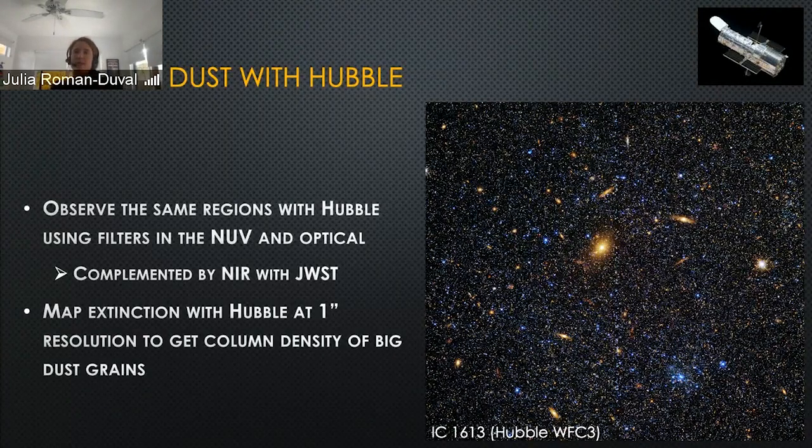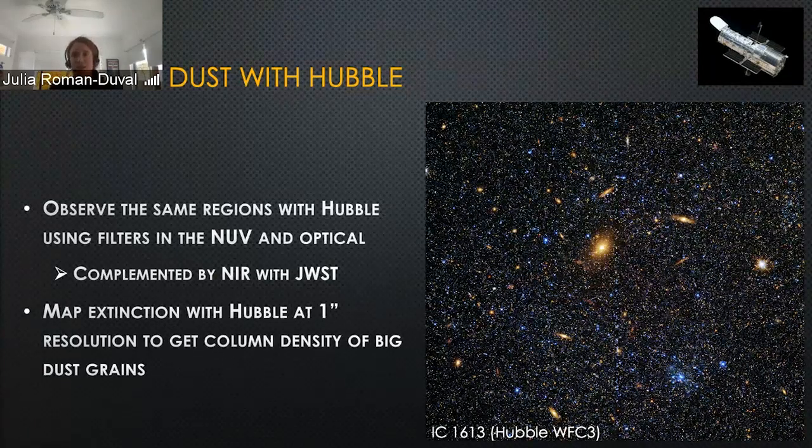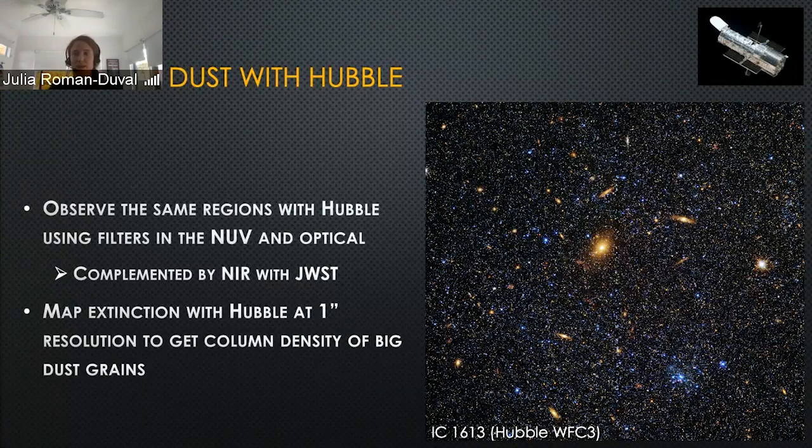And so we'll be getting images that look like this on the right. This is actually an image of IC 1613. So the same galaxy we'll be targeting, but just not the same region. So this region is a stellar field. It has very little to no interstellar dust at all, and definitely no PAHs. But this is just to illustrate the kind of images that we can get out of Hubble.